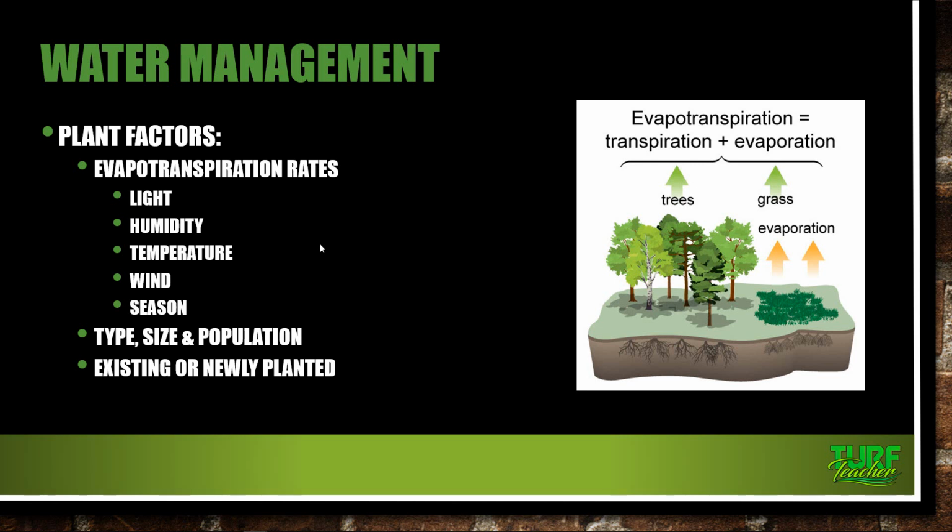But really, evapotranspiration is nothing but transpiration and evaporation. Evaporation is water basically evaporating into the atmosphere. Transpiration is water being pulled through the plants and released. So our plant materials are losing water, and we have to replenish it.